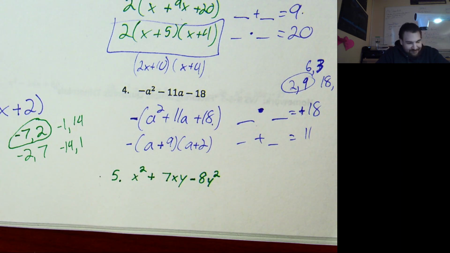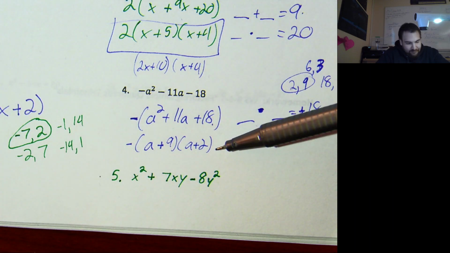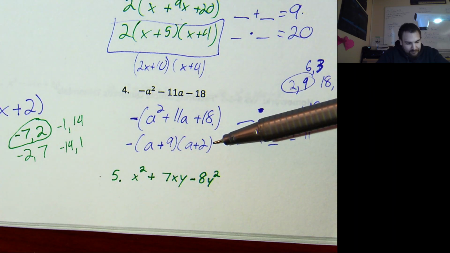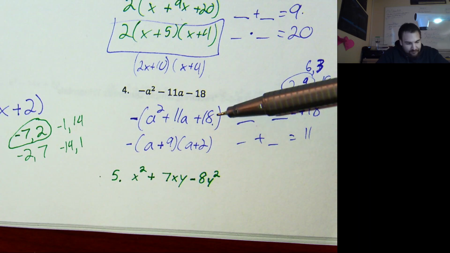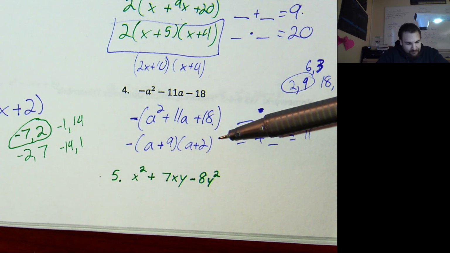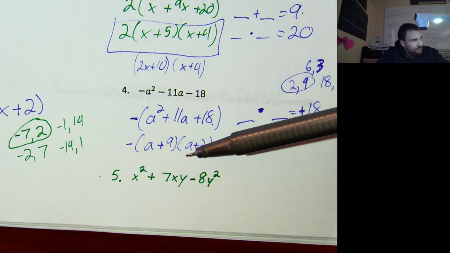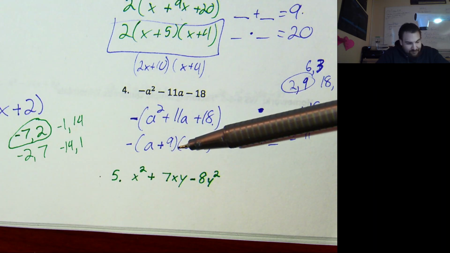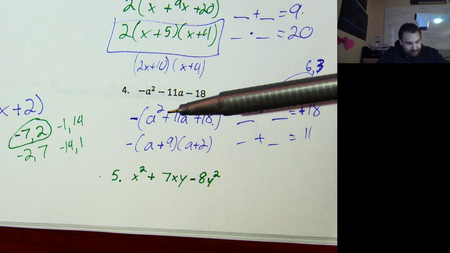Wait, but I have a question. I get how we got that answer with the number part, but then the a, we have two, like a times a plus 11a plus 18, and then we end up with just... I get once you distribute it. No, I don't. No, because negative, then you just get negative.